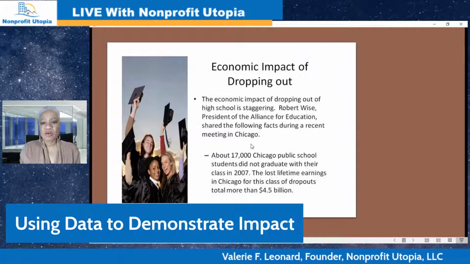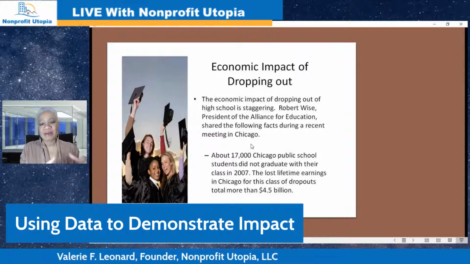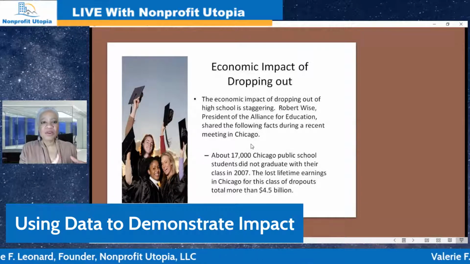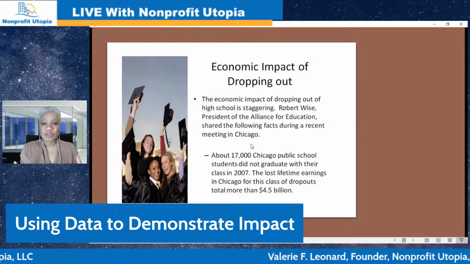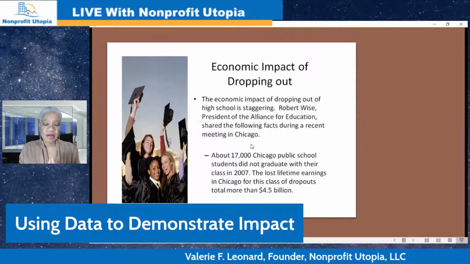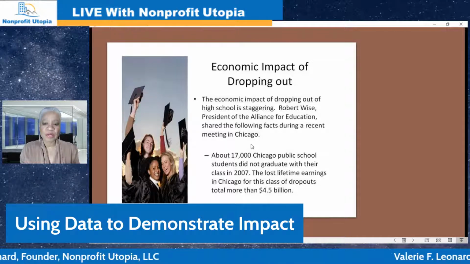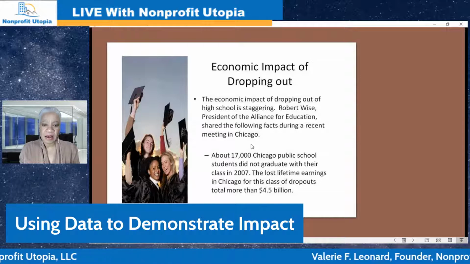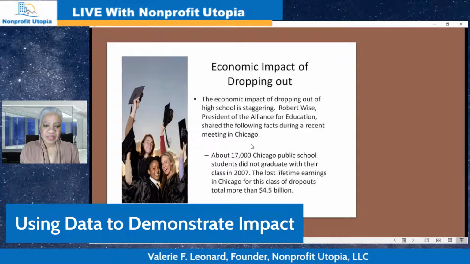All right. So when we look at the economic impact of dropping out, not only are you looking at numeric data, you're also looking at some of the research that was done by others. So the economic impact of dropping out of high school, according to Robert Wise, he found that it was very steep.